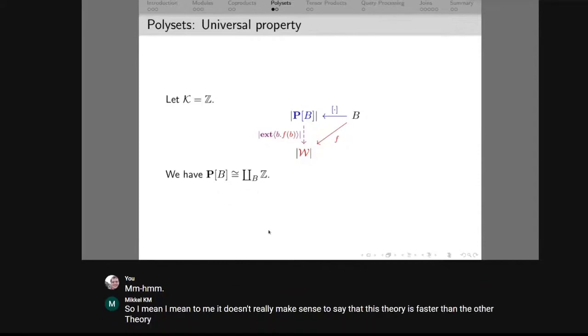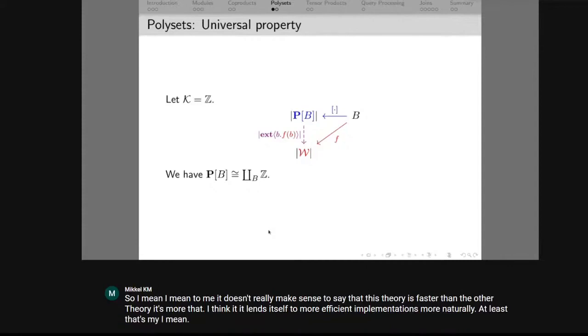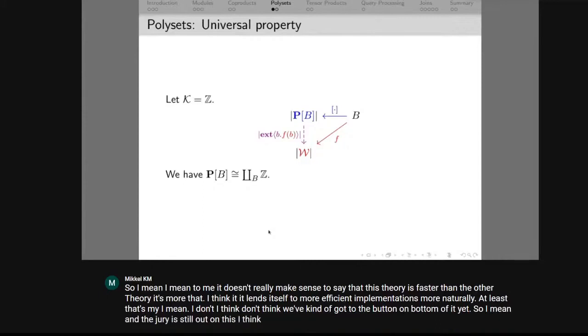It's more that I think it lends itself to more efficient implementations more naturally. I don't think we've got to the bottom of it yet, so the jury's still out on this. But so far, I think it looks like we're winning out. Okay.